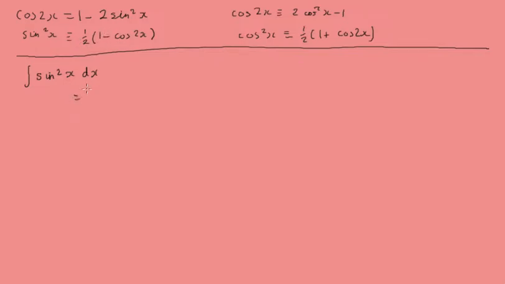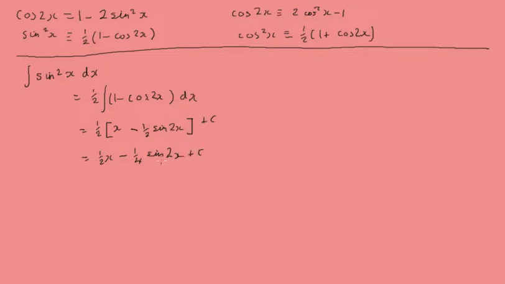That will give us a half (1 minus cos 2x) dx, and integrating that we get x minus a half sine 2x plus c, and tidying that up we've got half x minus a quarter sine 2x plus c.